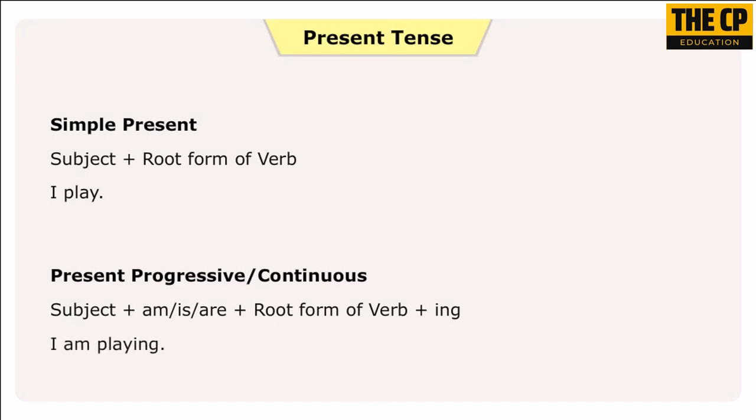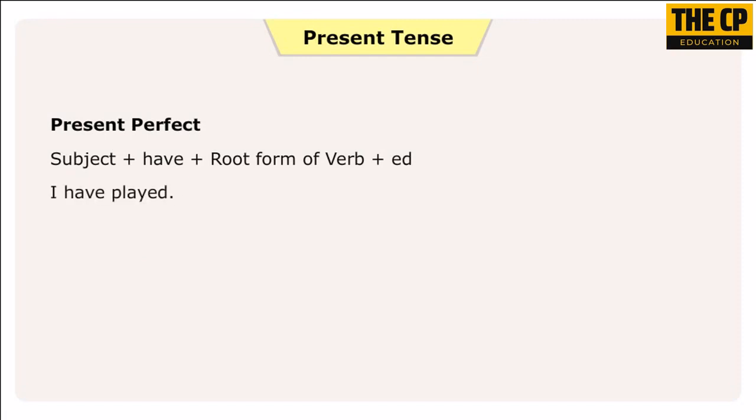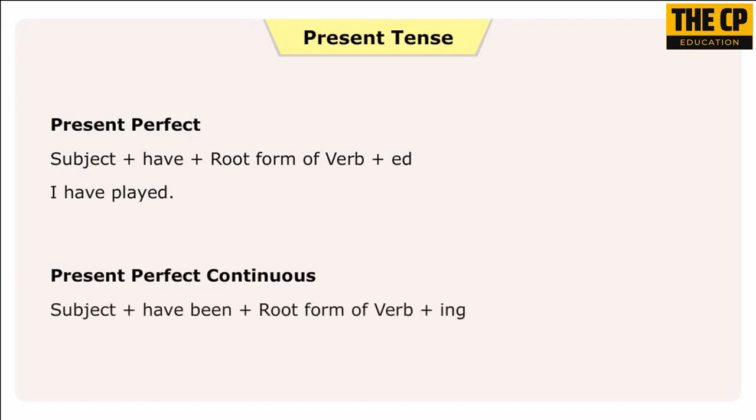I am playing. Present perfect: subject plus have plus root form of verb plus ed. I have played. Present perfect continuous: subject plus have been plus root form of verb plus ing. I have been playing.